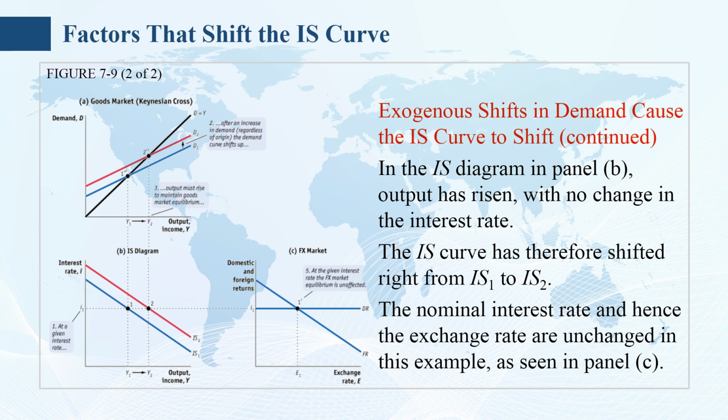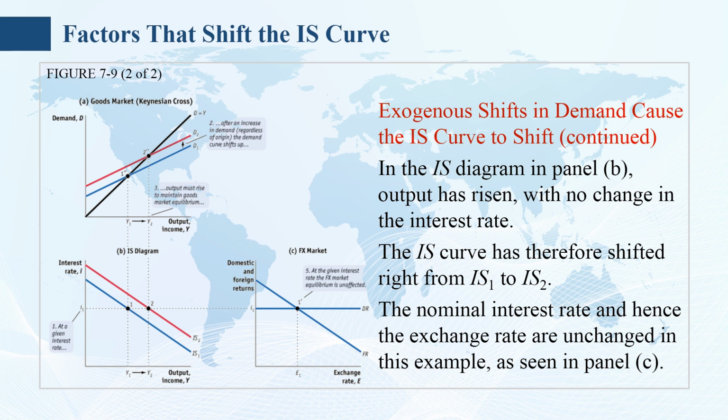Thus, neither I nor TB nor G change. With an excess of demand, supply has to rise. So output must again increase to Y2, and the S-curve shoots right. The lesson: a reduction in taxes shoots the S-curve out.